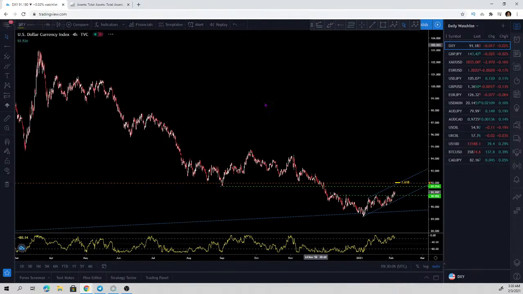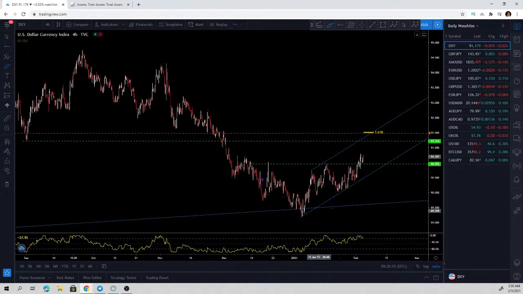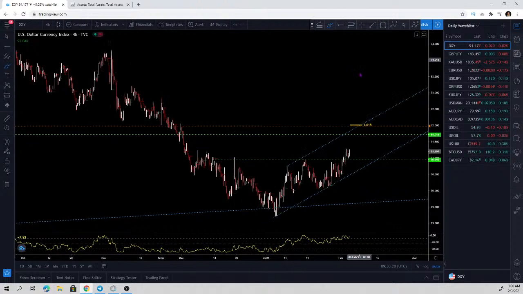And as you can see here, all those rallies were just relief rallies, and it eventually broke. And after it broke, we really didn't get a real retest of that level.